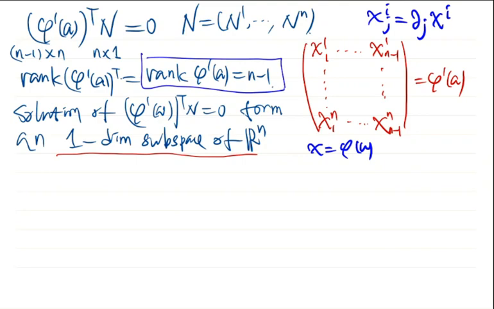Because the rank is n-1, we might assume that there is an (n-1)-order determinant which is not zero.